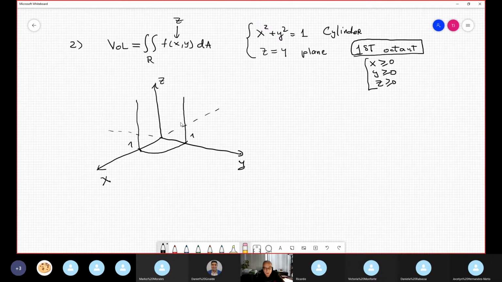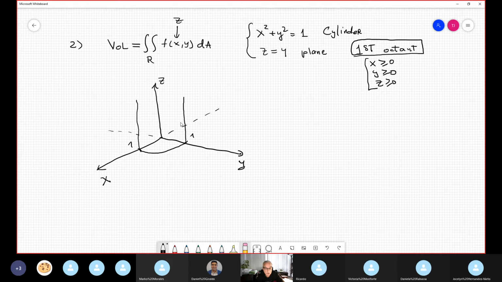How do you do the plane? Well, look. For example, in order to find the intersection, suppose x is 1 and y is 1.